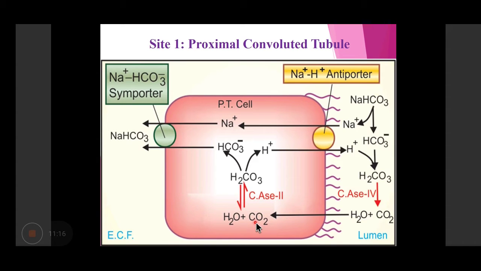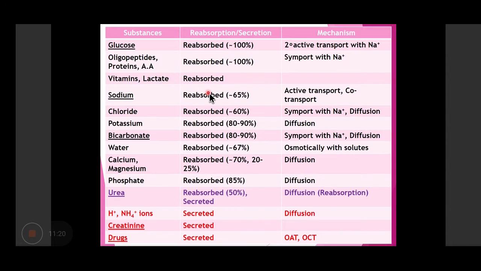There are other processes also happening, but I'm not focusing on them, because from the diuretic perspective, I'm focusing on only that which is important. You can see this table, which is summarizing the ions and substances which are reabsorbed or secreted in the PCT. Glucose, as I told you, 100% reabsorbed, sodium around 60 to 65%, and 90% of the bicarbonate gets reabsorbed.